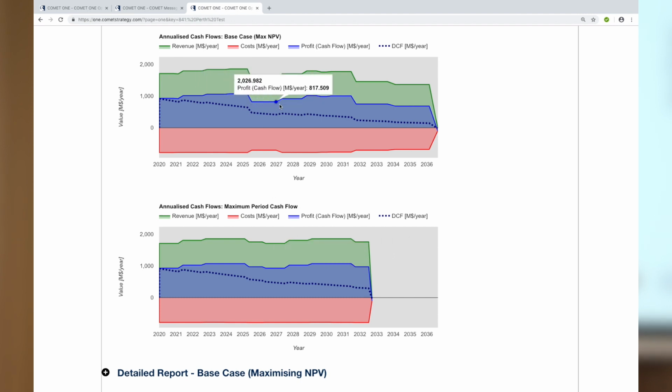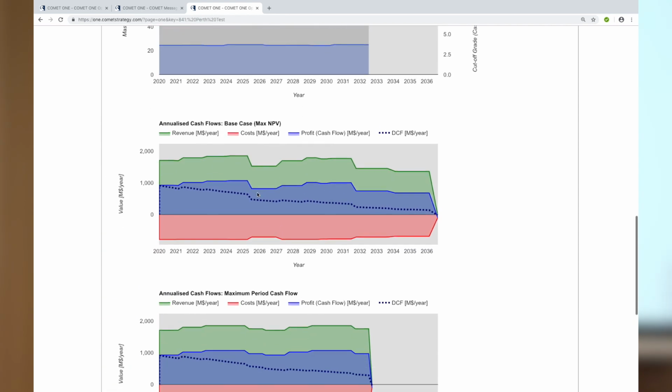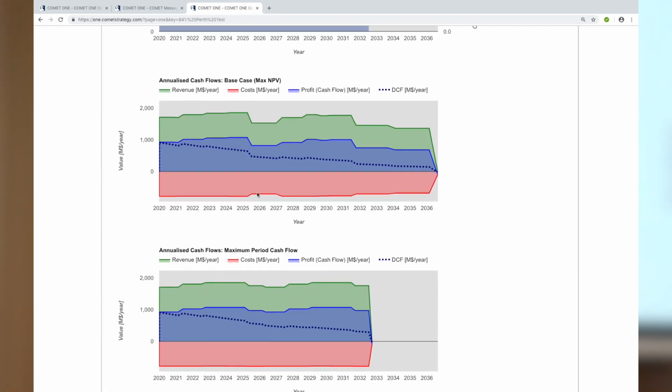It starts off around $1 billion, but ends up dropping down to 750, 680, lower and lower. The best NPV case has more reserves. We've lost out on reserves, we've lost out on life. Our cash flow is actually lower, even though each year the cash flows were the same or higher. But because we have less of them, that's where we've lost the value.